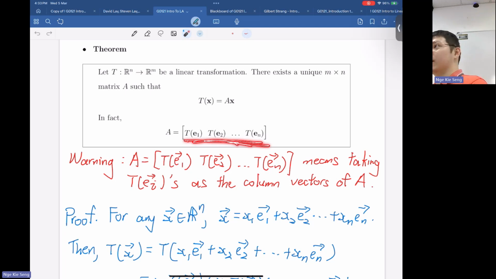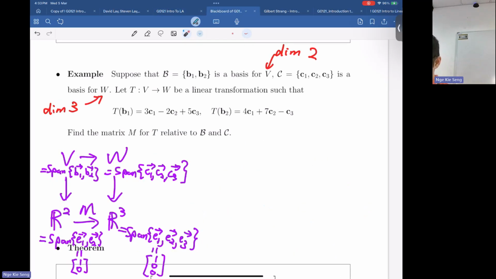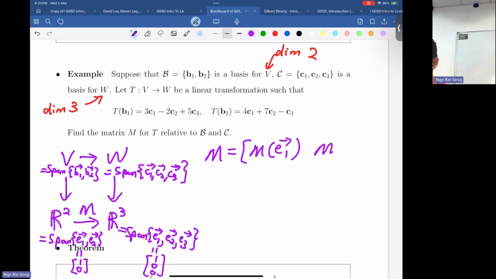Make sense? What we're going to do here is the same. To figure out what M is, we need to know what M does to E1 and what M does to E2.